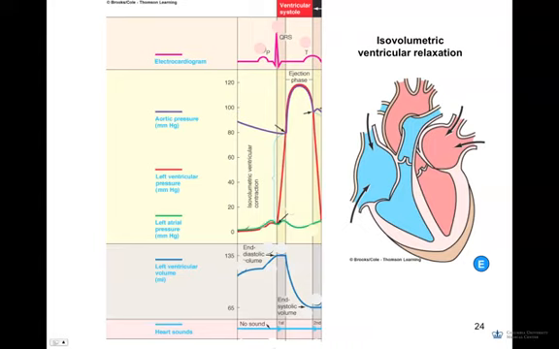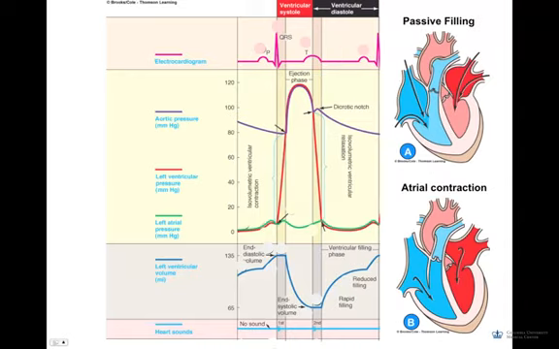But the ventricular pressure is still falling. It's eventually going to go back to its resting pressure, which was near zero, and it's going to take a little time to get there. Eventually it's going to fall below that green line again, which was the atrial pressure.